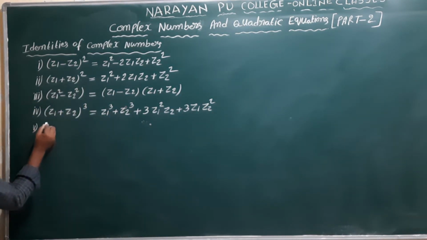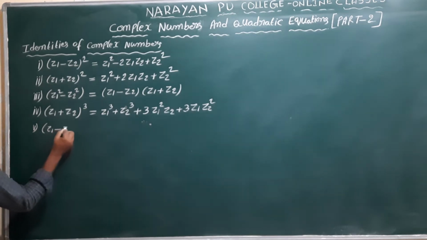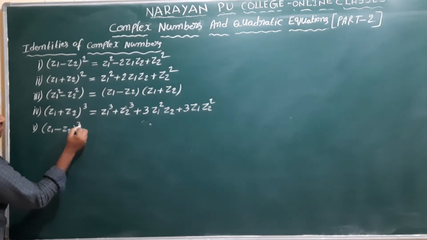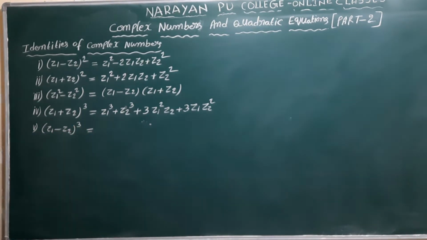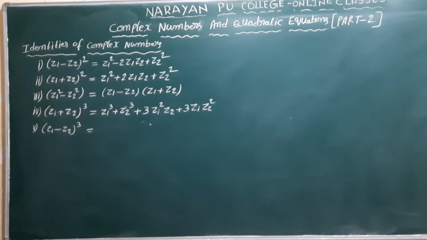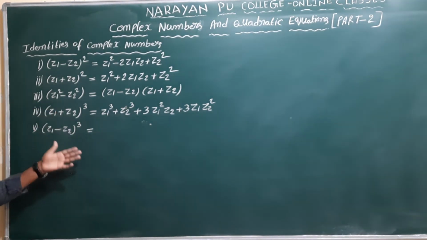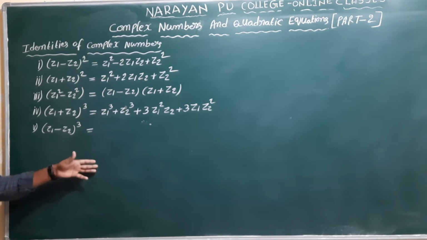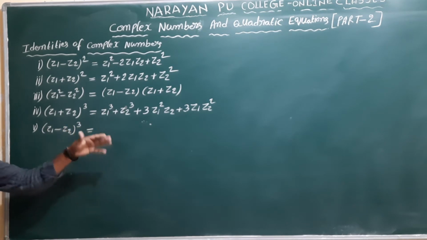Next fifth identity, (z1 minus z2) whole cube, (a minus b) whole cube formula, a cube minus b cube minus 3a square b plus 3a b square.